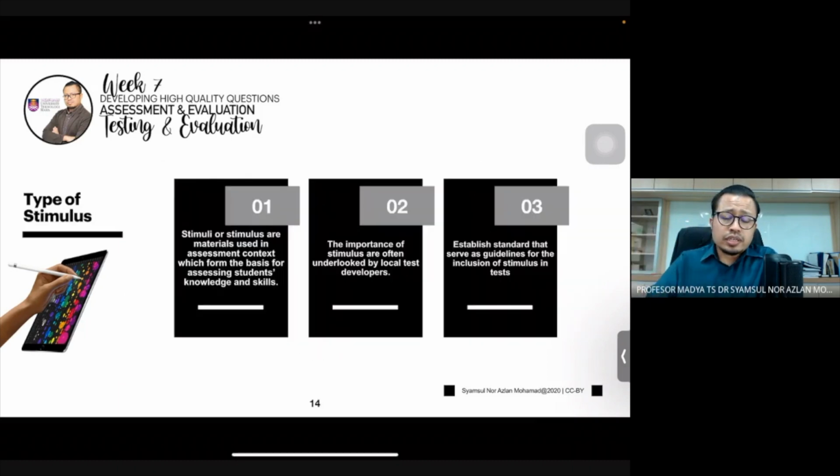And of course, without further ado, I think that we also need to use the advantage of a stimulus, because the stimulus is very important to help the student with some kind of motivation, not only to serve as a guideline, but also to help the student understand better in the context of the questions.